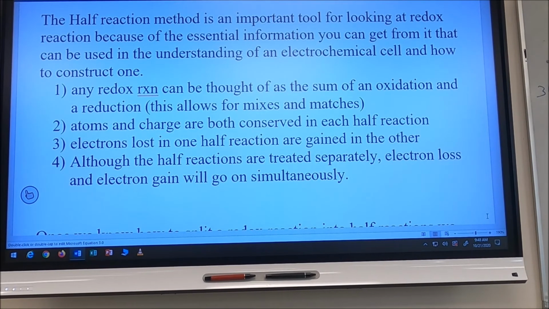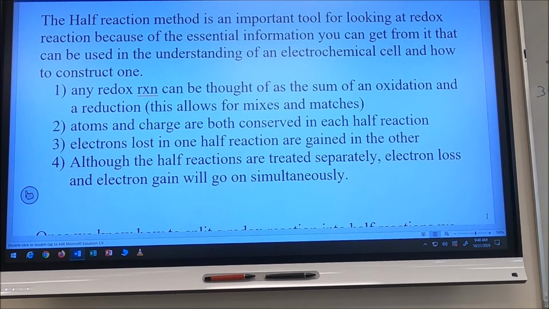And what's going to be happening where. So, any redox reaction can be thought of as the sum of an oxidation reaction and a reduction reaction. And what this tells us to do with our half reaction method is to mix and match half reactions to make things happen to get the kind of energy that we want out.